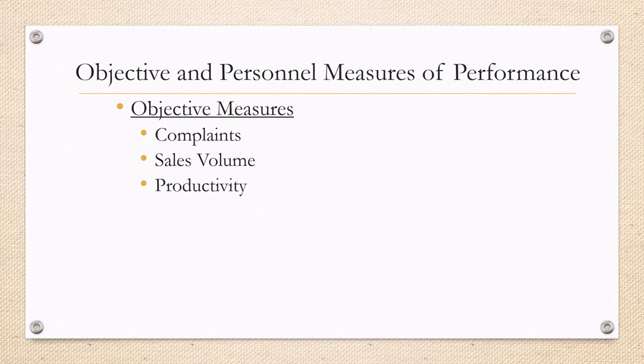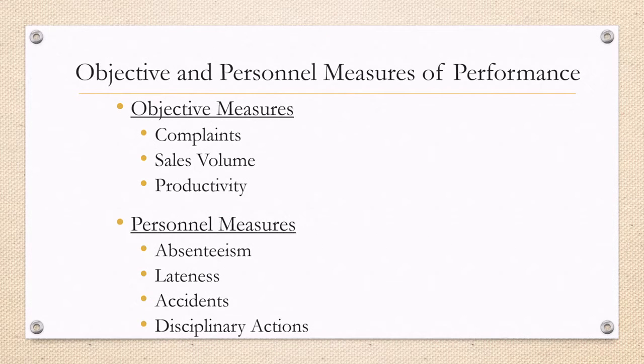This is something that we can't compare across jobs usually. The time or effort that it takes to do any one of these items is going to be different for the different jobs. Then we have personnel measures of performance.